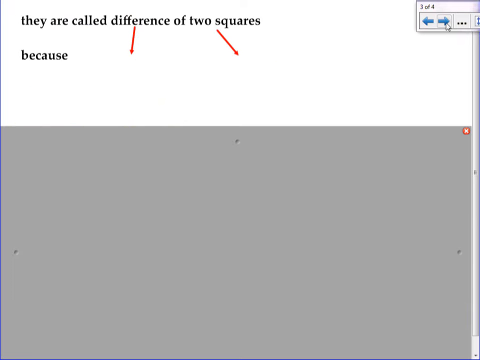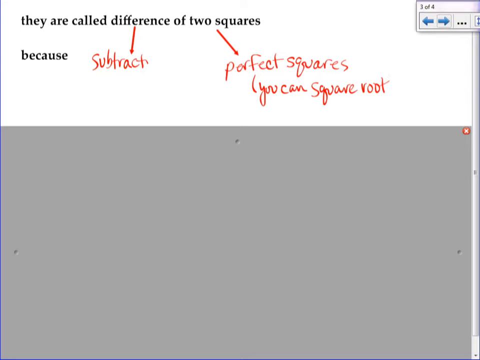on these. Now, these are called the difference of two squares because you're always subtracting, which we talked about. And it's squares because they're perfect squares, so you can take the square root, okay, without getting any decimals.